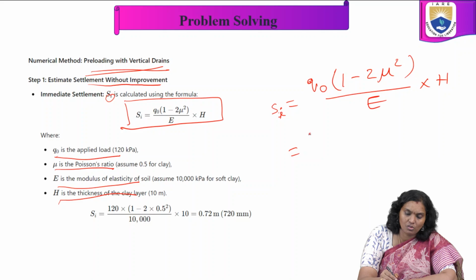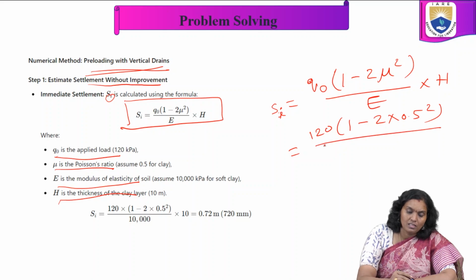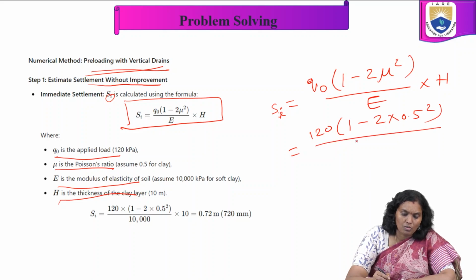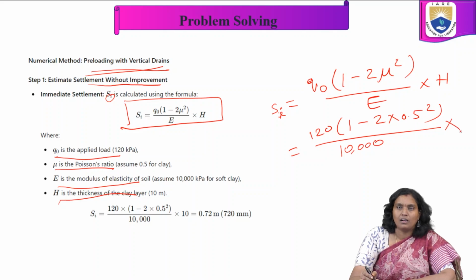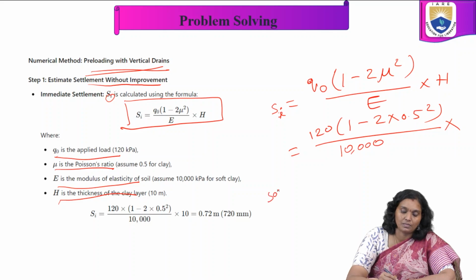Here Q0 is equal to 120, (1 - 2 × 0.5 square), and E is the modulus of elasticity of the soft clay. Otherwise, we conduct laboratory tests to find the modulus of elasticity, because only then will we understand the soil properties.